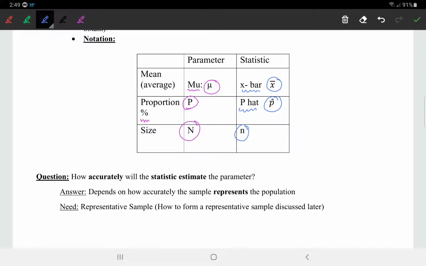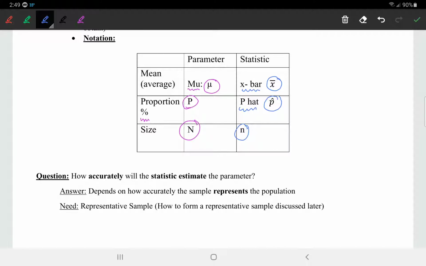Since we're going to be using statistics to estimate population parameters, a question naturally arises: how accurately will this statistic represent this parameter? The answer is that it depends on how accurately the sample represents the population.